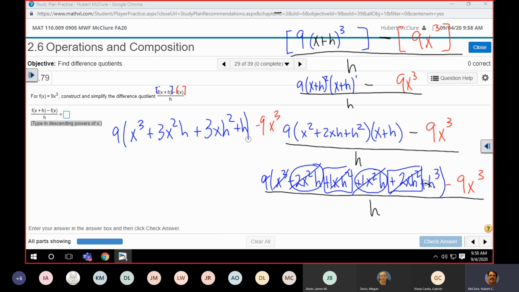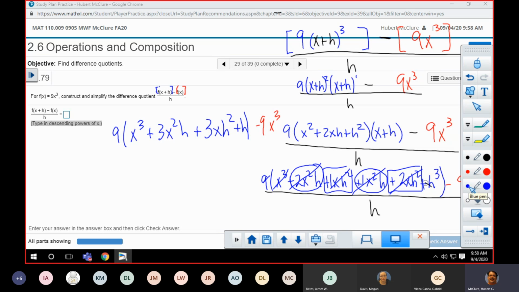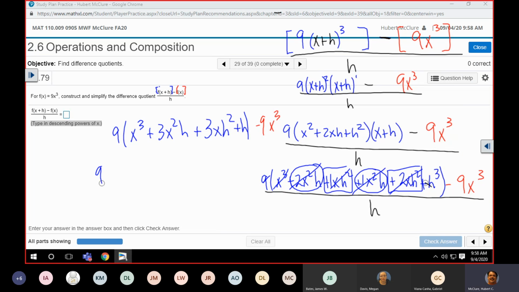And now you can distribute the 9. I'm going to go ahead and distribute the 9. And I get 9x cubed plus 27x squared h plus 27xh squared plus 9h to the third power, minus 9x cubed. And this is supposed to happen: the x terms by themselves usually cancel out and you're left with only h terms.